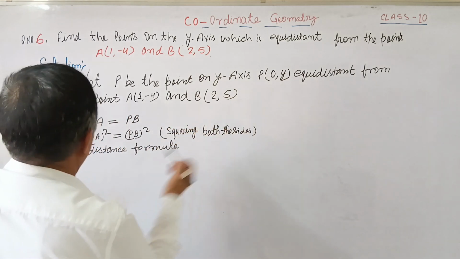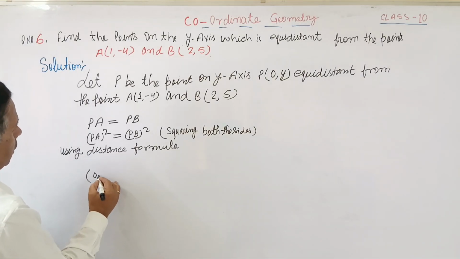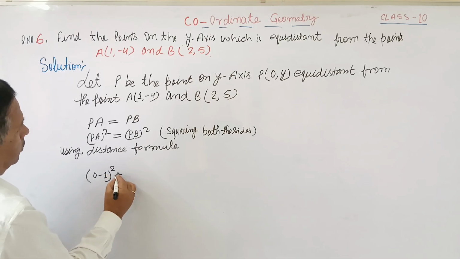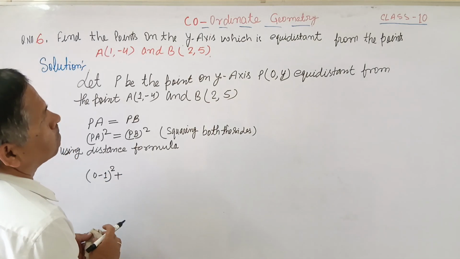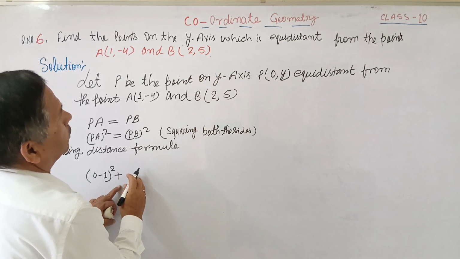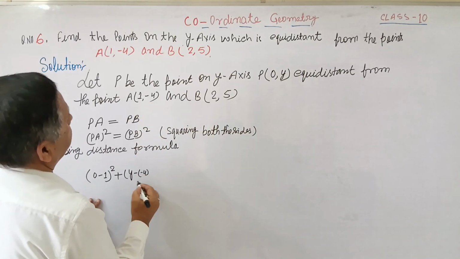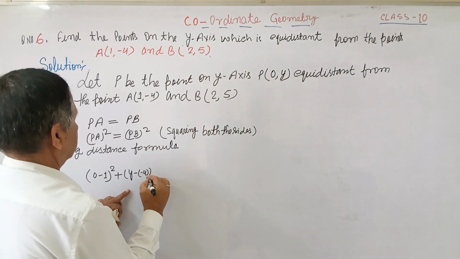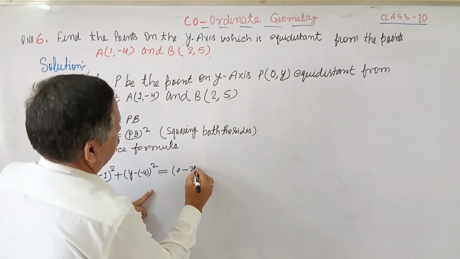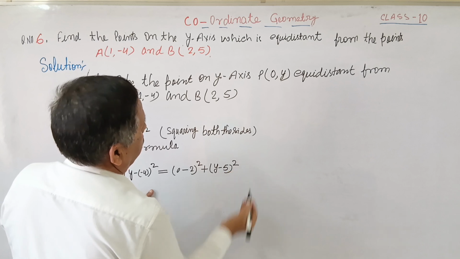So once we use distance formula, we will get x1 minus x2, that is 0 minus 1 whole square plus y2 minus y1 means y minus minus 4 square equals to 0 minus 2 whole square plus y minus 5 whole square.